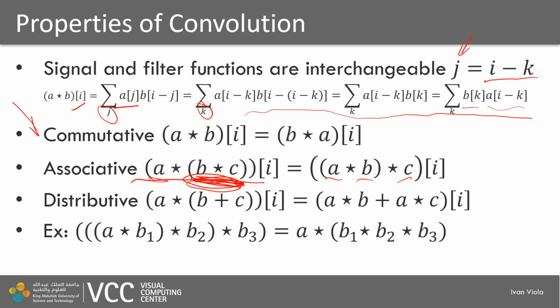The associativity is achieved at a certain cost, however, and that is this strange formulation that the filter is indexed as i minus k.